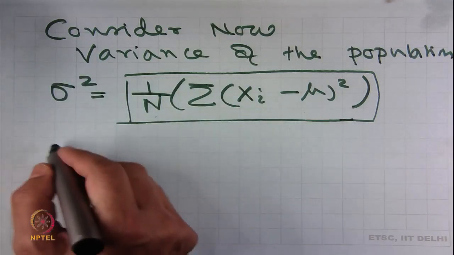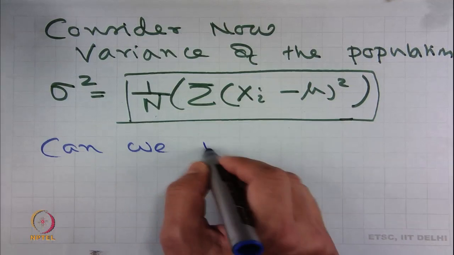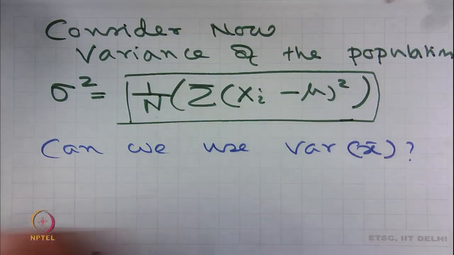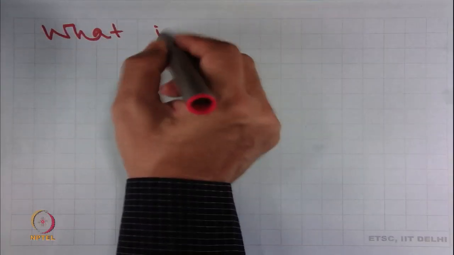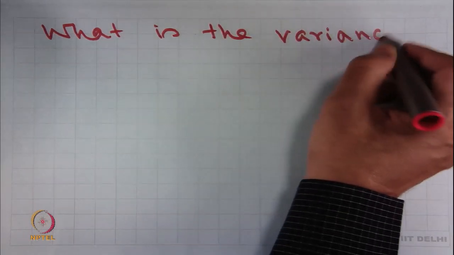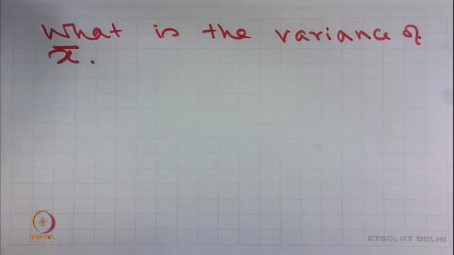Can we use variance of x bar for that purpose? Let us see. So, the question is, what is the variance of x bar? As x bar is a random variable itself, this makes sense.